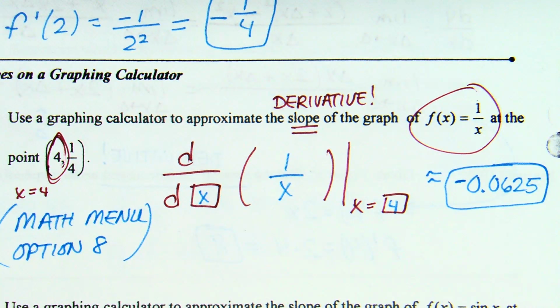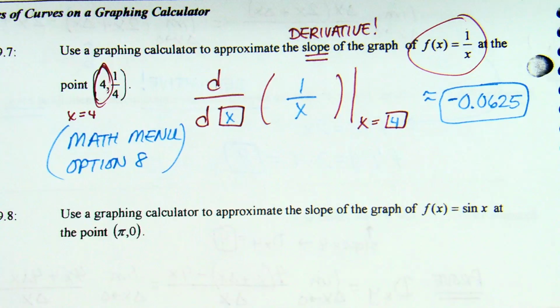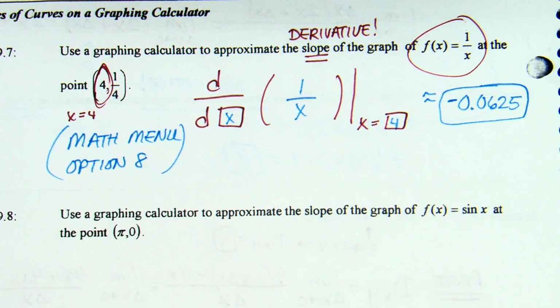Okay, one more then. And this is one where you guys have to have it at this point in your lives because you don't know enough. Use a graphing calculator to approximate the slope of the graph of f of x equals sine x at the point pi comma 0. We don't know anything about derivatives of sine.